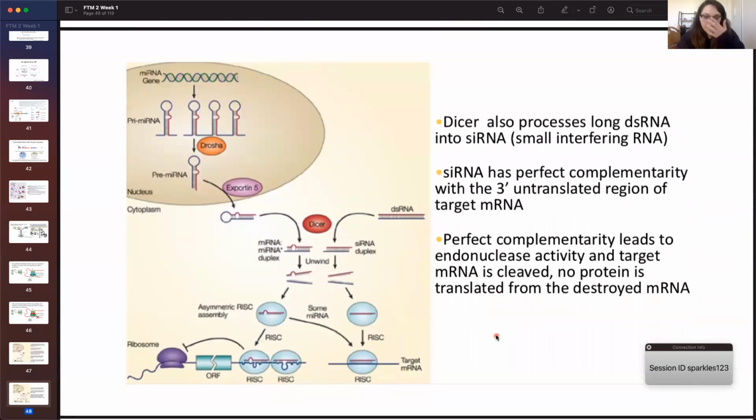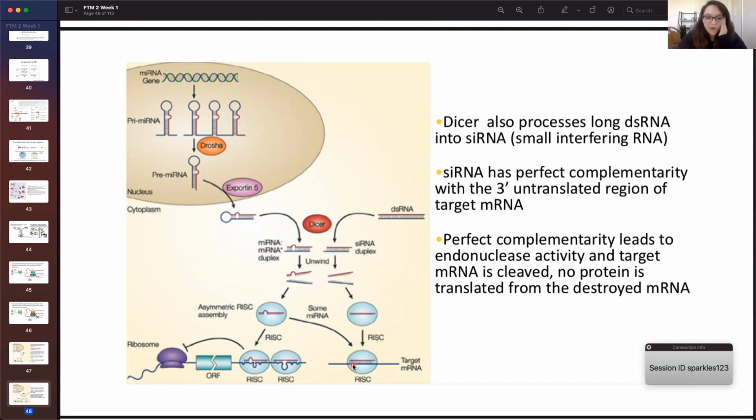your siRNA, it's pretty much going to start with your double-stranded siRNA, just like you started out with your miRNA. But the only difference is it's going to do the same thing where it's going to become single-stranded. It's going to make that RISC complex, but this is going to perfectly bind to that mRNA sequence that you're trying to either inhibit or destroy.